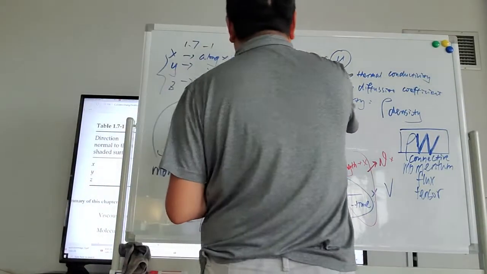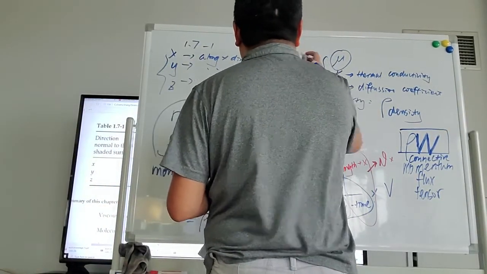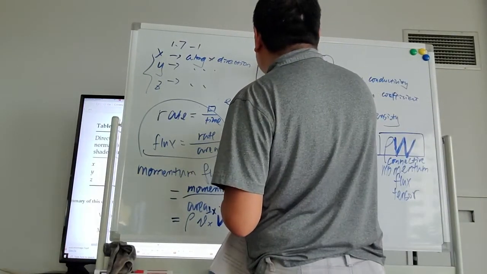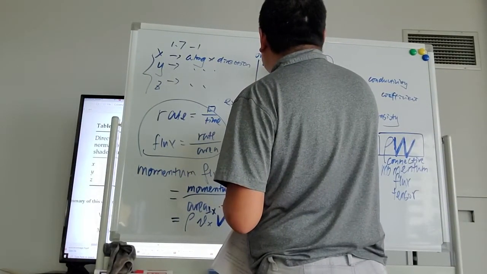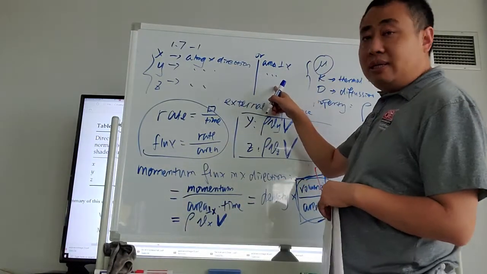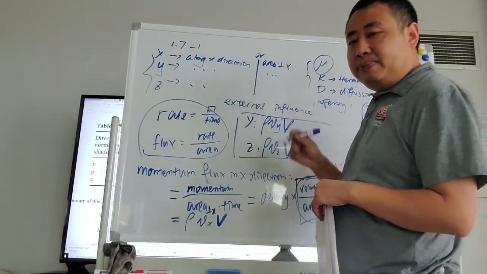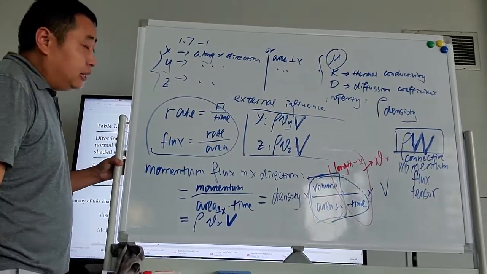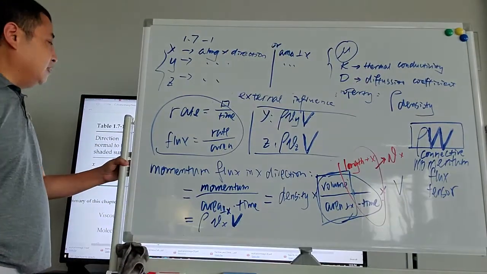Or we are talking about the area perpendicular to x, perpendicular to y, perpendicular to z. This is how we understand x, y, z.